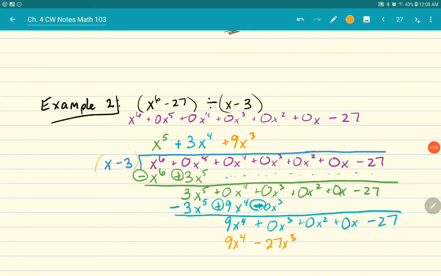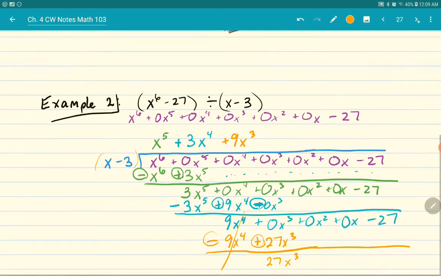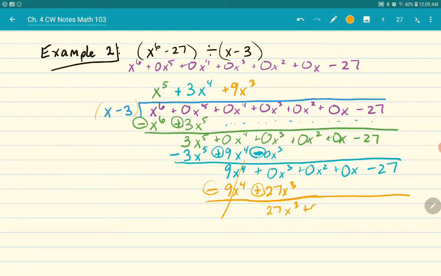And then I want to subtract the orange from the blue, so I'll draw the line and then change the signs. And the first term needs to cancel out, and it does. And then I have 0 plus 27 gives me 27x cubed. And then drop down the rest.